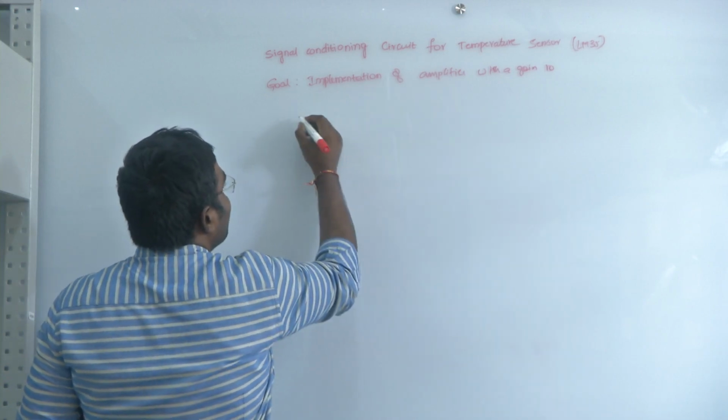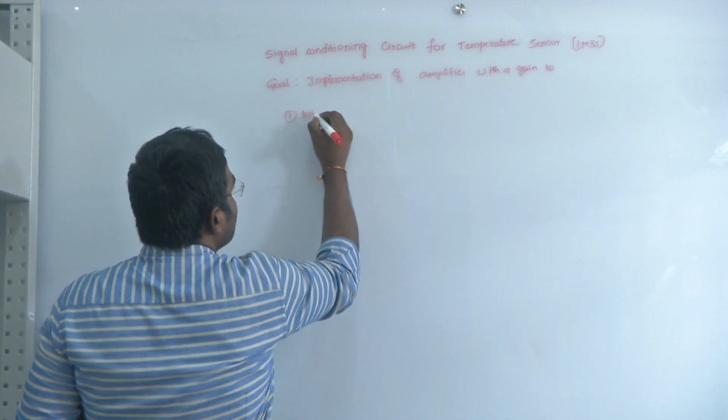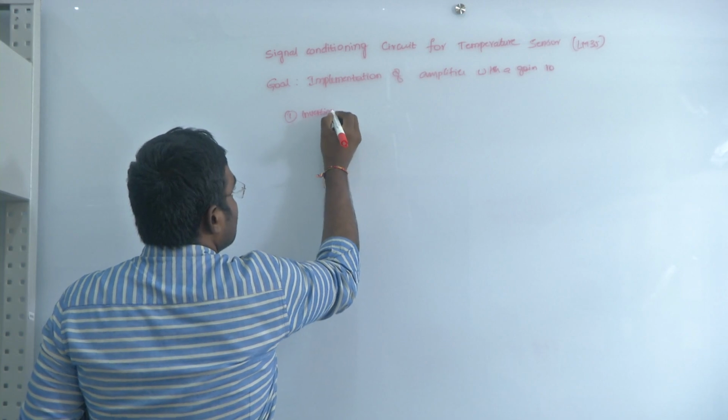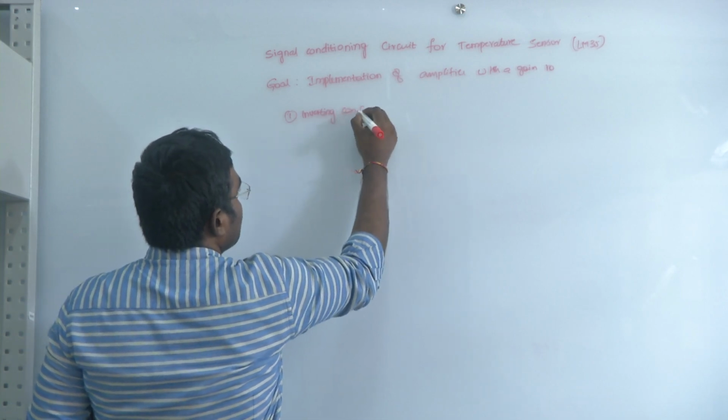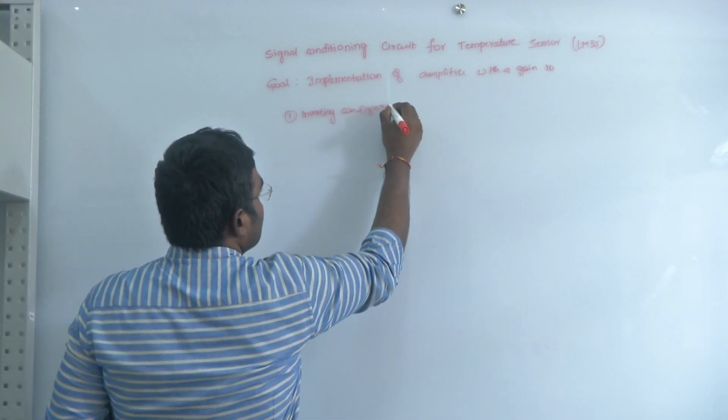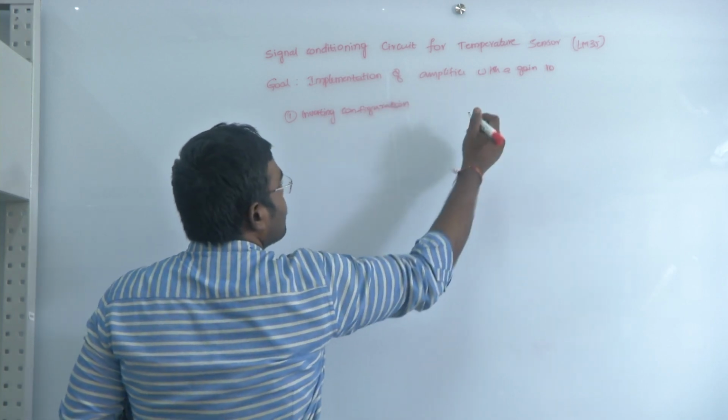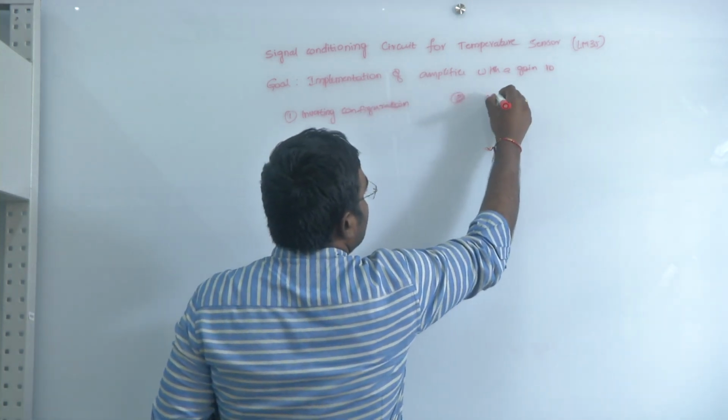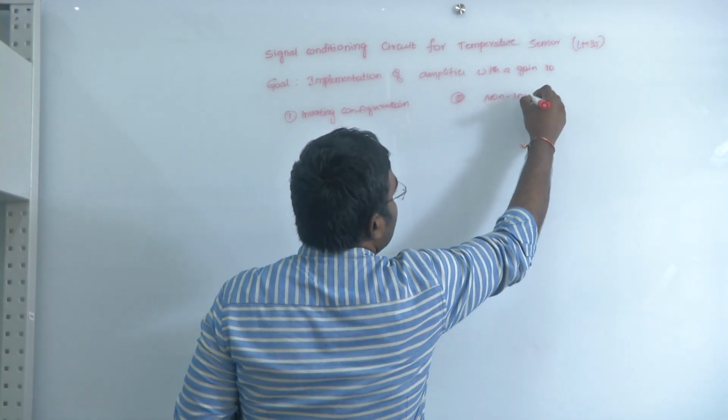This can be done in two ways: one by using the inverting configuration, and the other one is the non-inverting configuration using operational amplifiers.